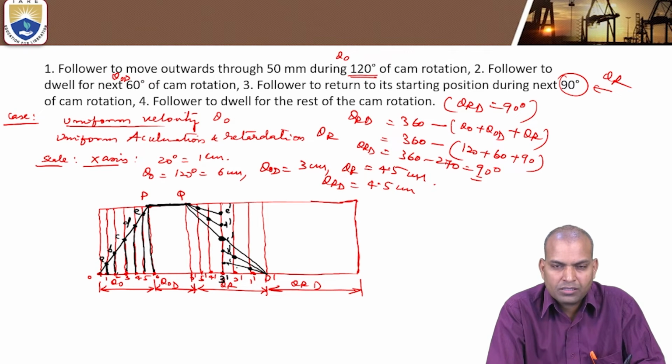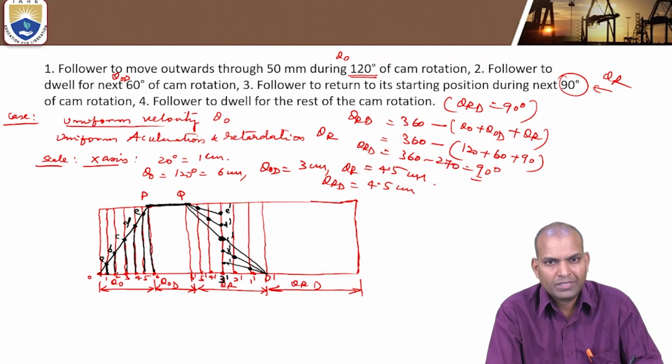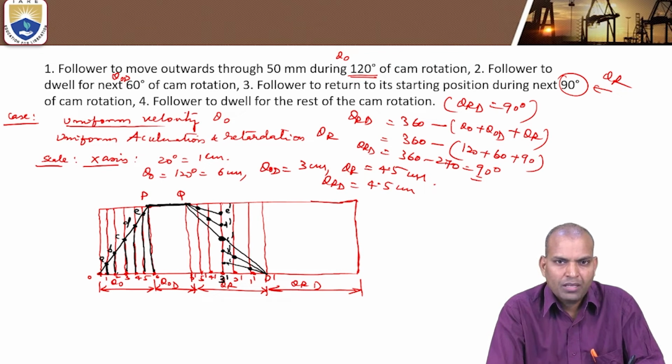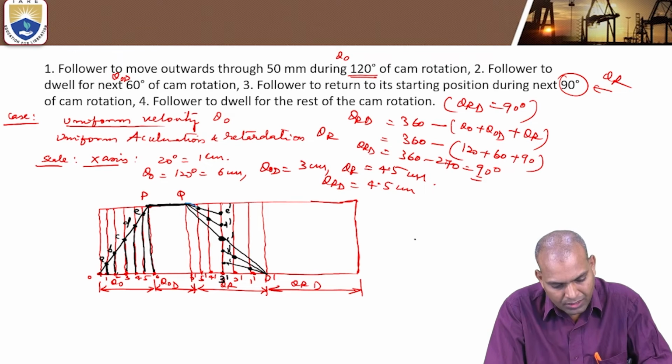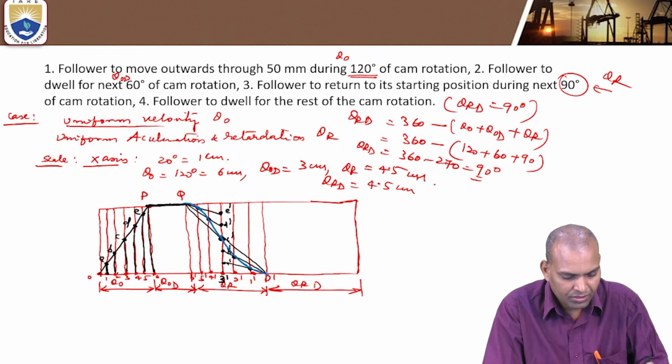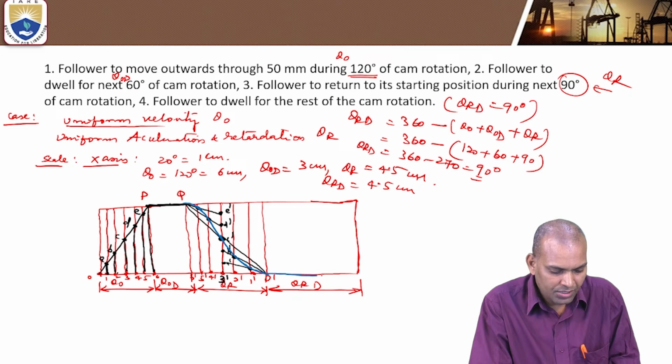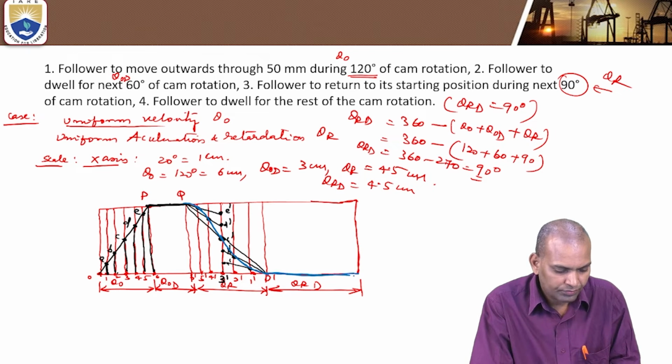The locus of the path of the curve is the uniform retardation curve of the follower during the return stroke. Trace this. This is the uniform retardation curve, and the rest is the developed zone.